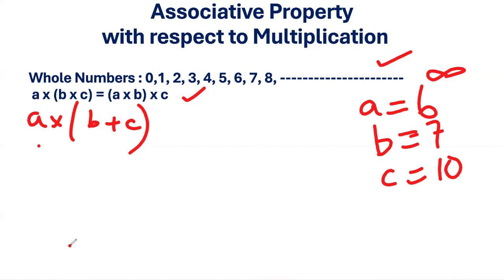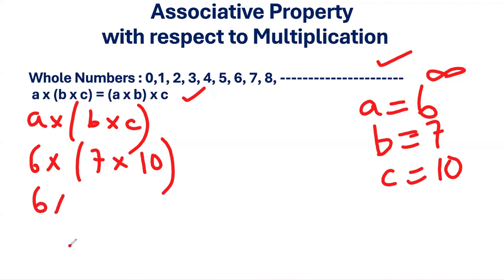So now A is 6, B is 7, multiply by C, 10. Because we are checking with respect to multiplication, the multiply sign should come here. 7 multiplied by 10.